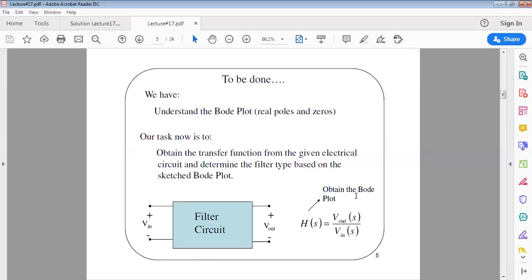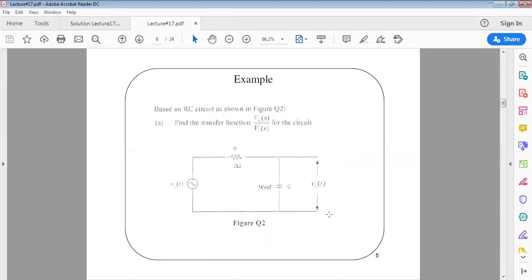Okay. So basically, the Bode plot can be obtained from the transfer function, which, as we have discussed in the very early part of this lecture, is the ratio of the output and the input. So as for the first exercise, we're going to see how to obtain the transfer function for this circuit.